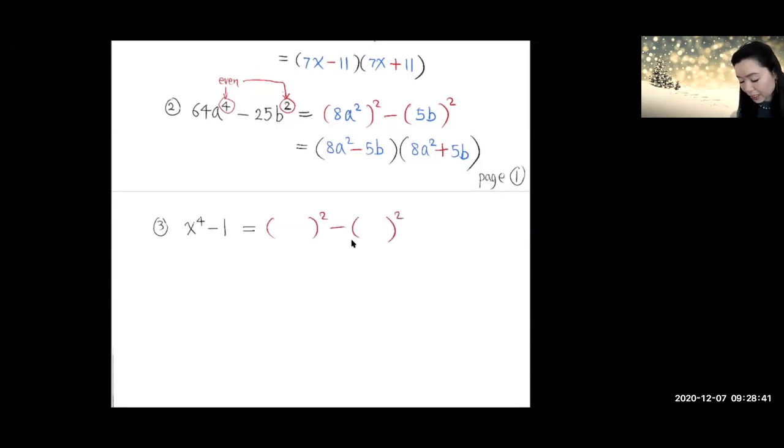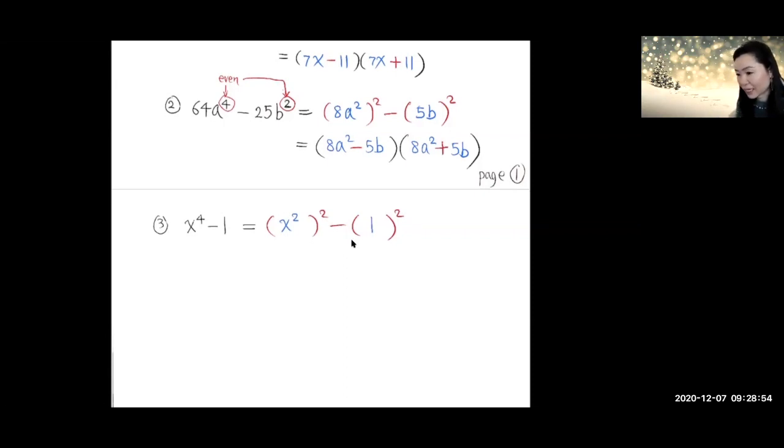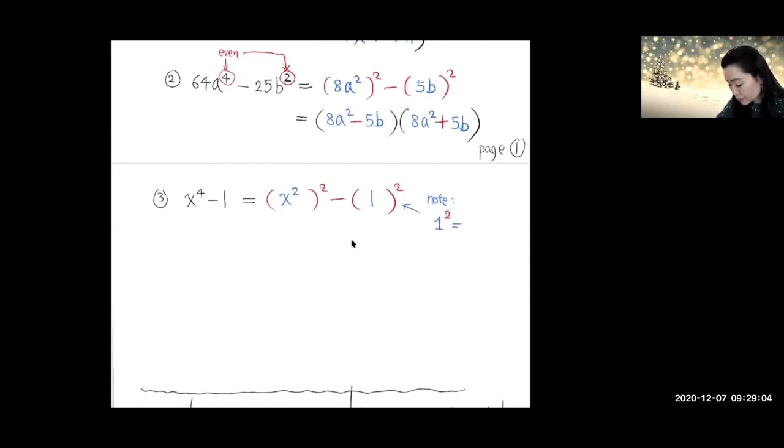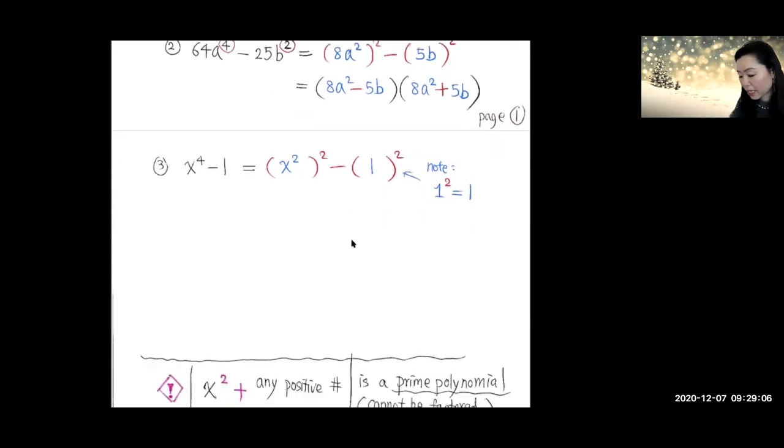The first one is the square of x squared. 1 is the same as 1 squared. 1 to any exponent is equal to 1, right? So note, 1 squared is the same as 1. You can put any exponent on 1, you still get 1.